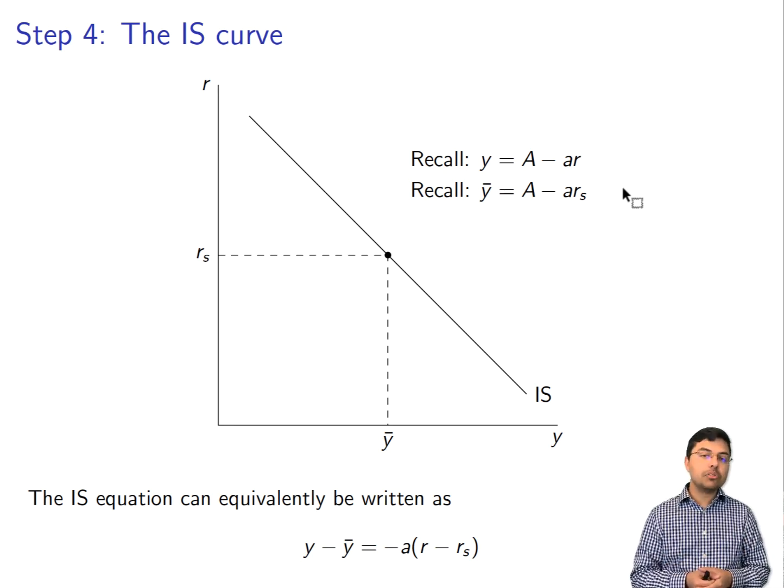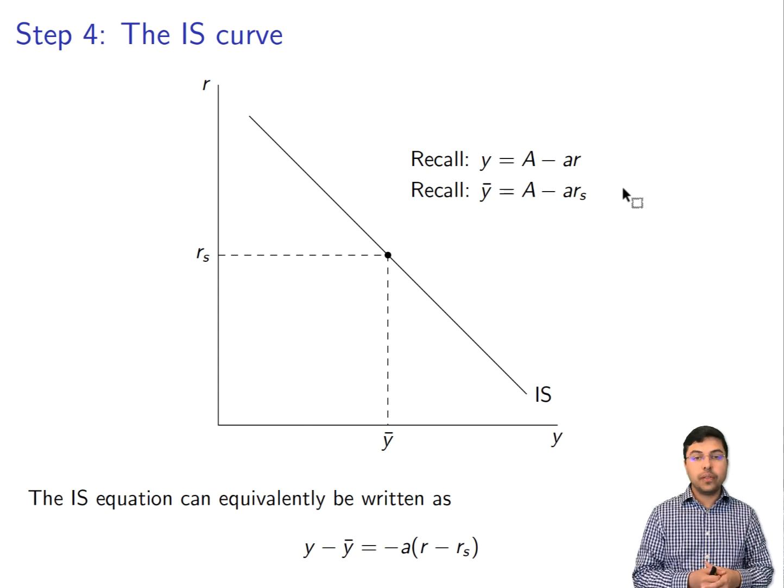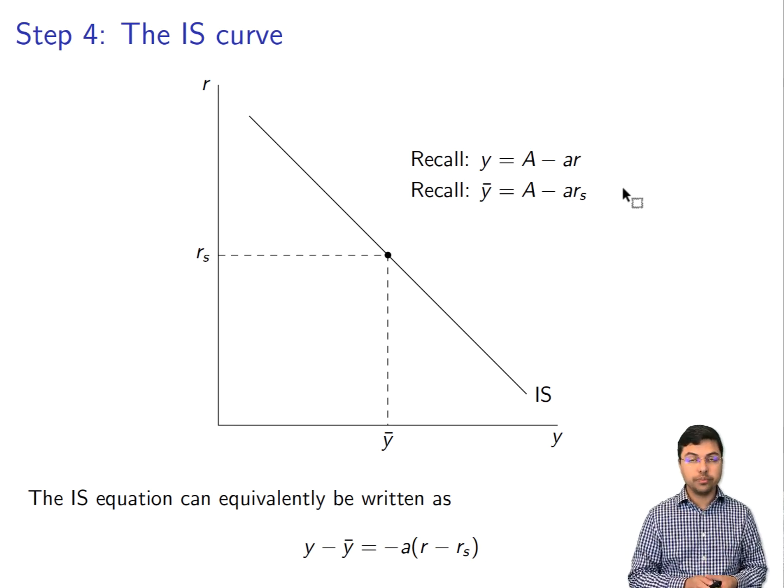And this is an alternative form of the IS curve. The interpretation is that if the real interest rate is higher than the stabilizing real interest rate, the output is lower than the equilibrium output. On the other hand, if the real interest rate is lower than the stabilizing real interest rate, then output is higher than the equilibrium output.